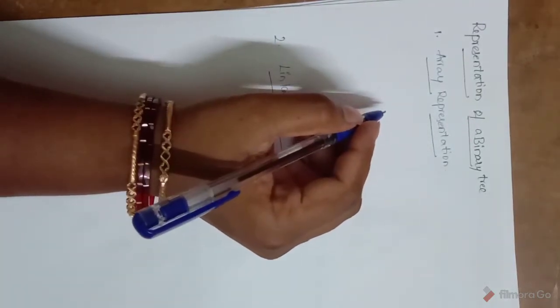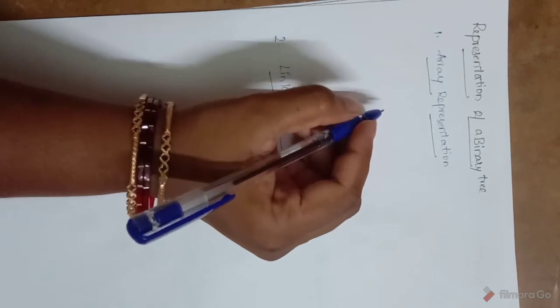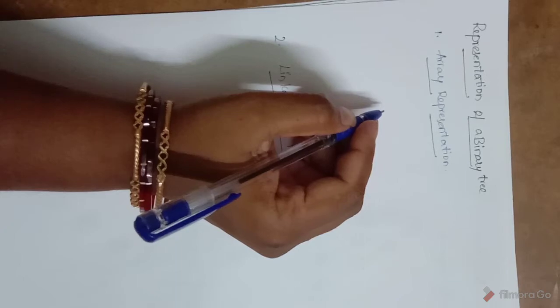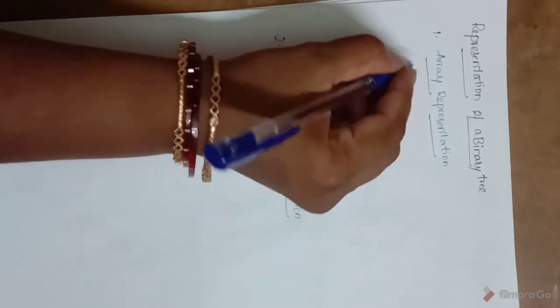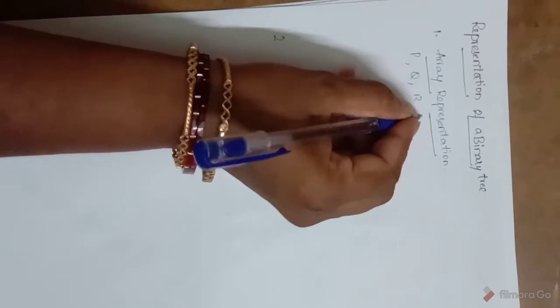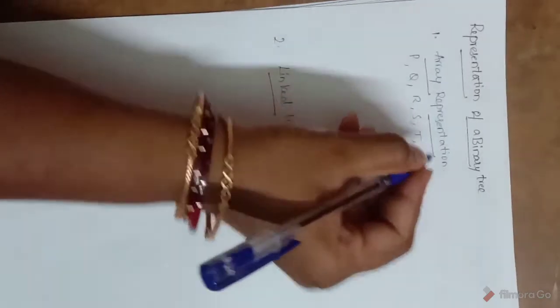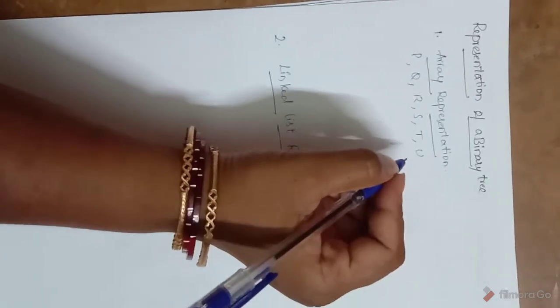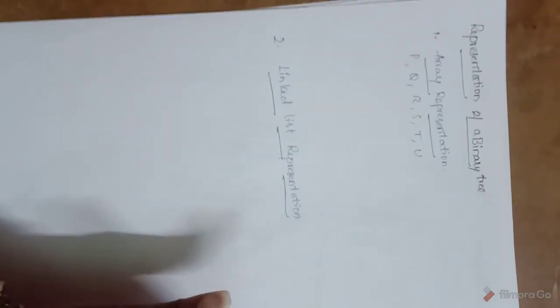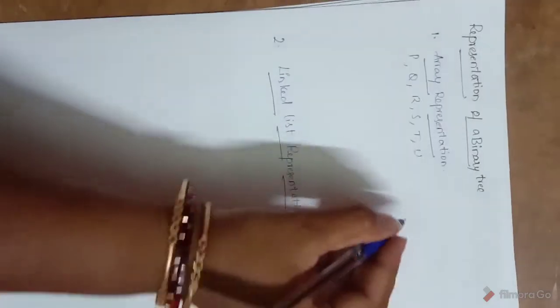Let us consider an example. Example of nodes P. We have the elements P, Q, R, S, T, U only, but we have considered the positions of an array.